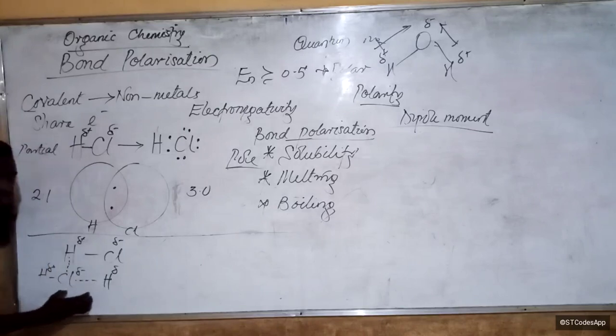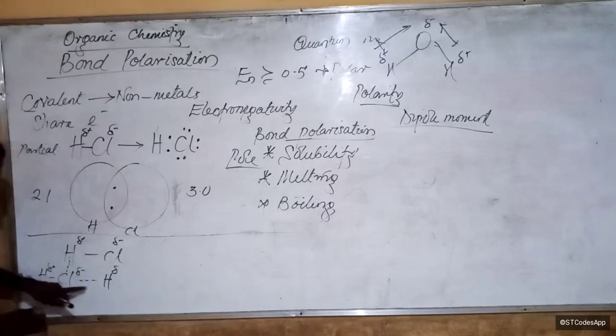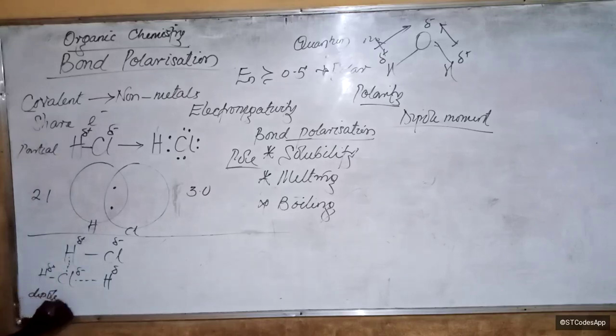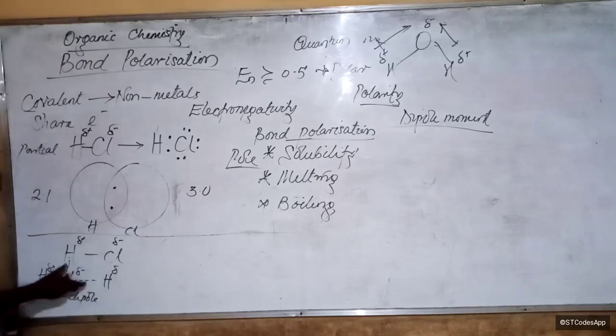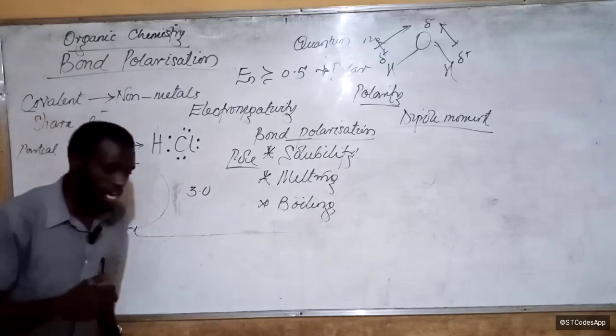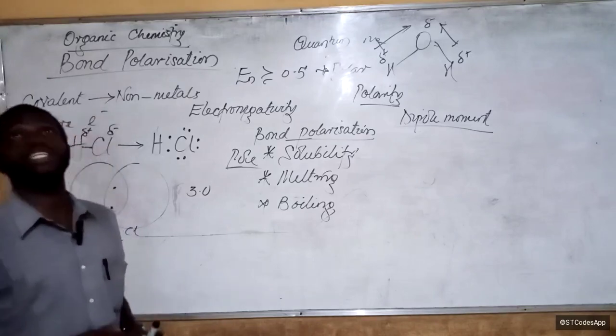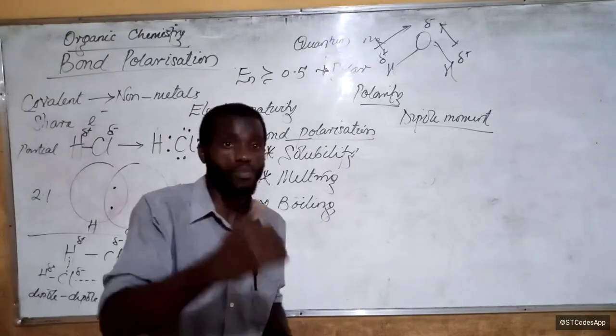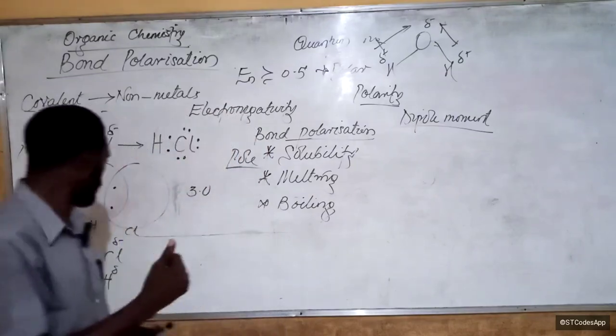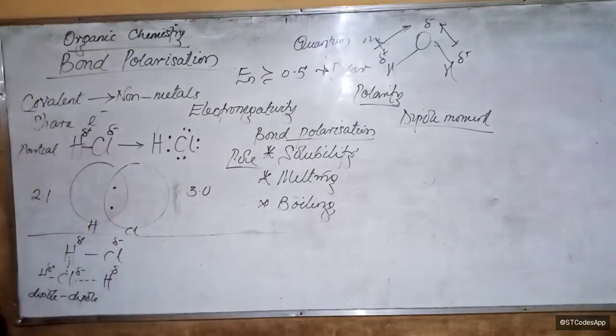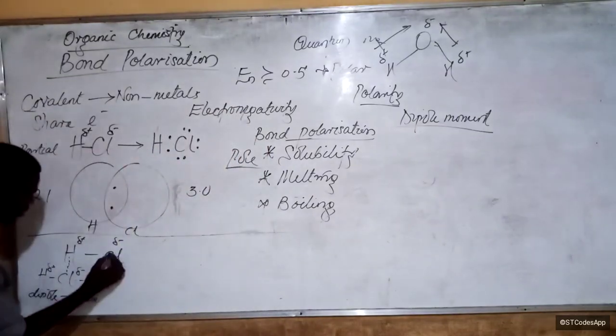Why? Because they are held together by what you call dipole-dipole interaction, and I talked about it in one of my videos. Because of this dipole-dipole interaction, the polarity of the compound increases.